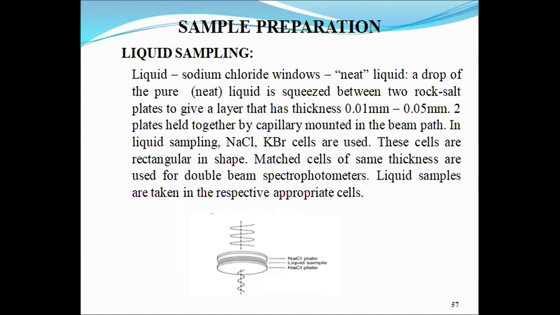If we want to opt for liquid sampling, a drop of the pure or neat liquid is squeezed between two rock salt plates, such as sodium chloride windows, to give a layer with a thickness of 0.01 mm to 0.05 mm. So here NaCl or KBr cells can be used for liquid sampling. This is how liquid sampling can be made.